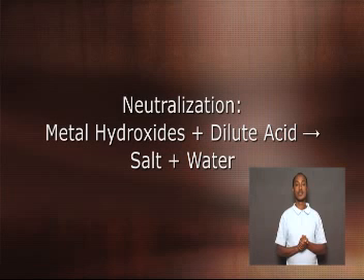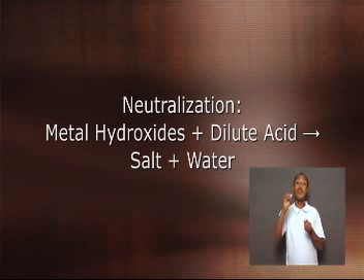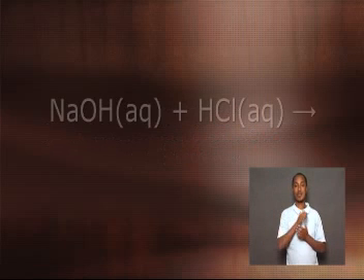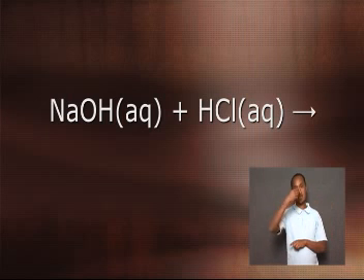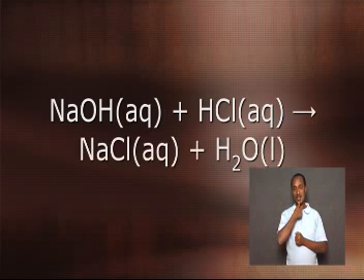Let us discuss neutralization, which is another method for preparing salts. Neutralization involves the reaction of metal hydroxides with dilute acids. For example, when sodium hydroxide reacts with hydrochloric acid, sodium chloride and water are produced.